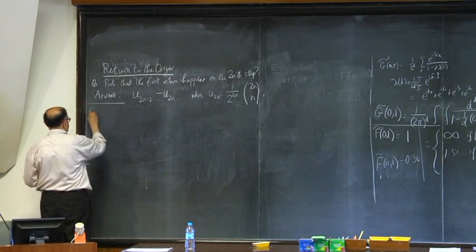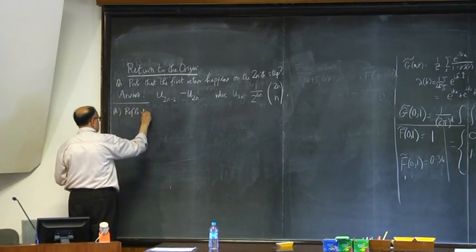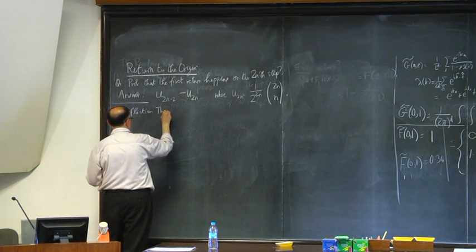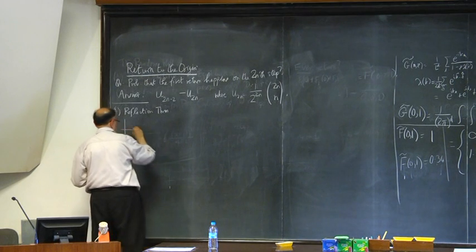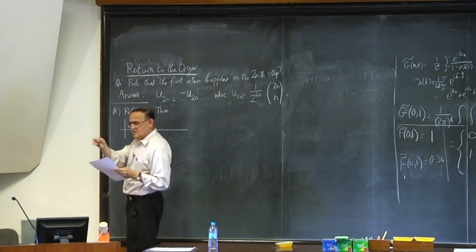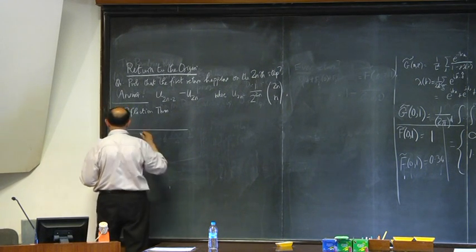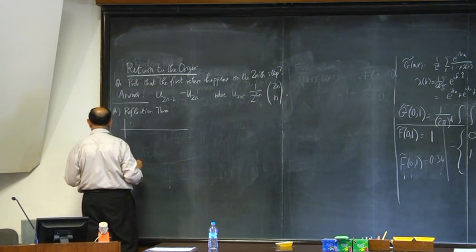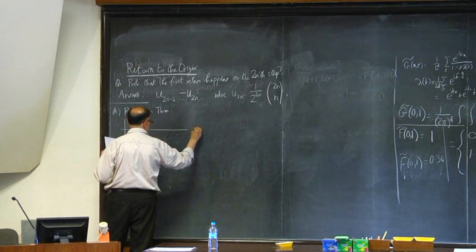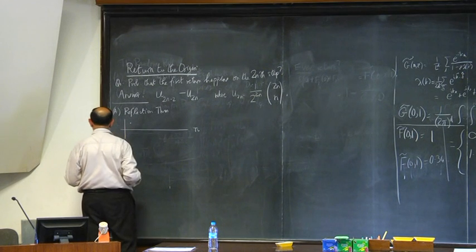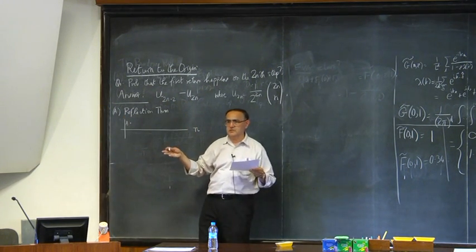So, A is something called the reflection theorem. You must have encountered this in your lectures also, perhaps, and perhaps not, it does not matter. But let us just say that we have time n here, and we have space there, and we have some point A, meaning its coordinates are specified.